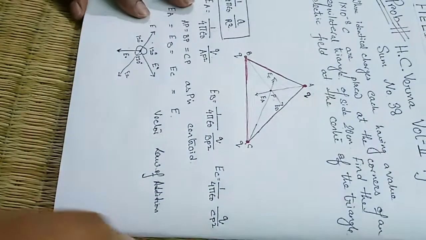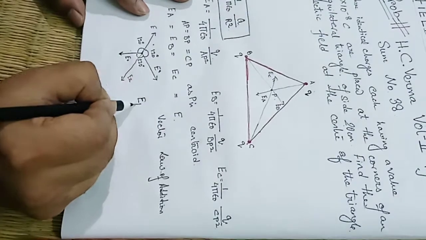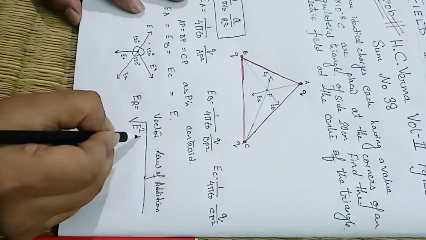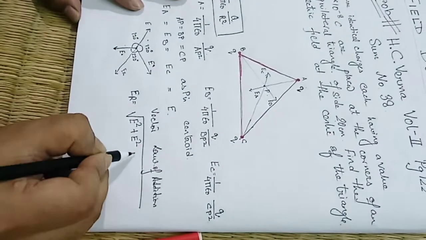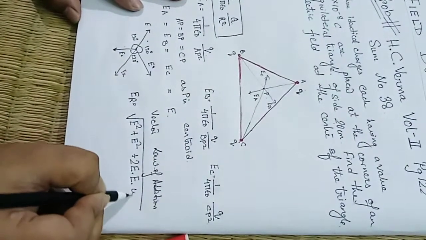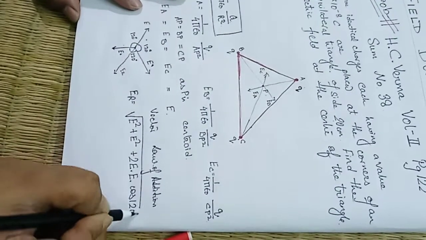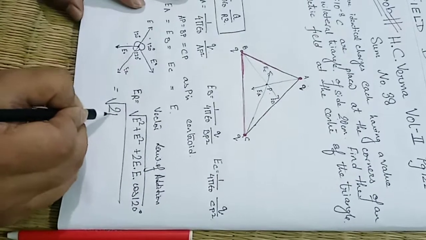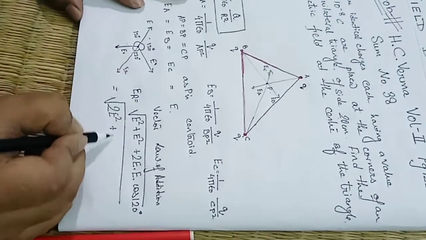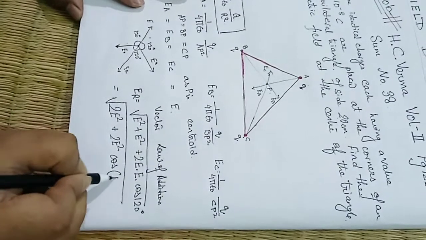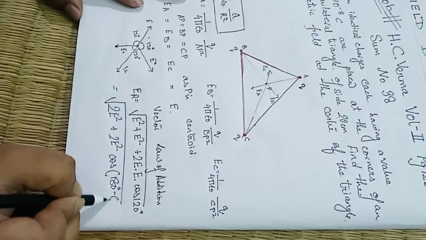We can write ER equals to root over E square plus E square plus 2E into E cos of 120 degree, or we can write 2E square plus 2E square cos of 180 minus 60.